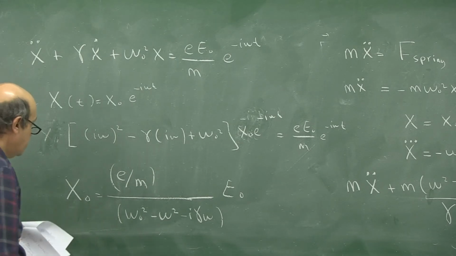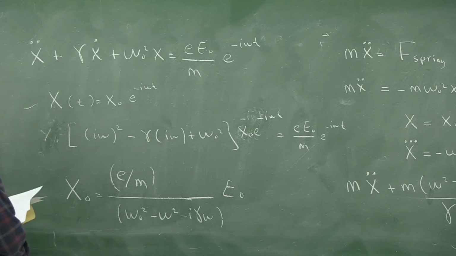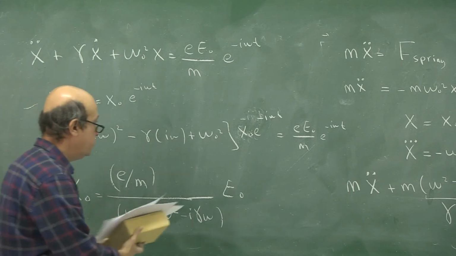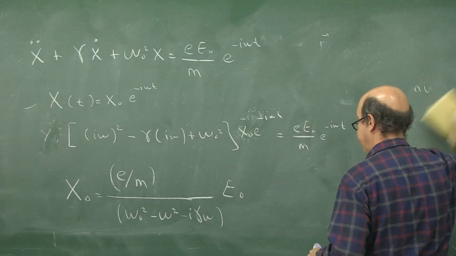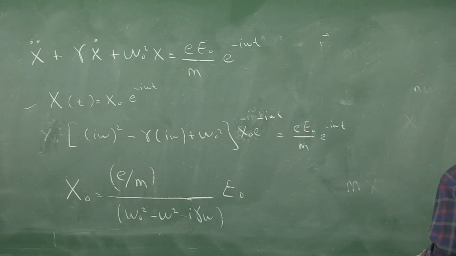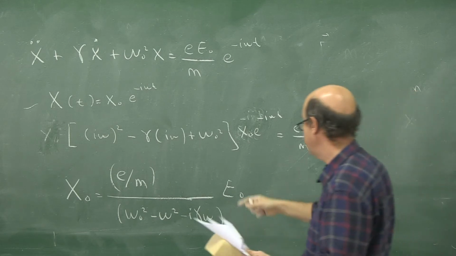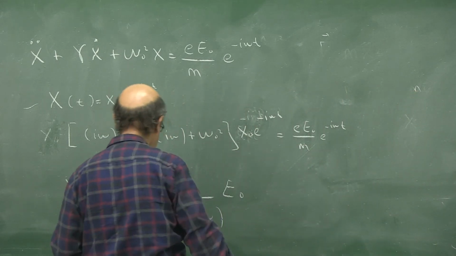So if this is x0, then the full solution will be what? The full solution will be x0 times e to the minus i omega t. So you solve the x0 from here.